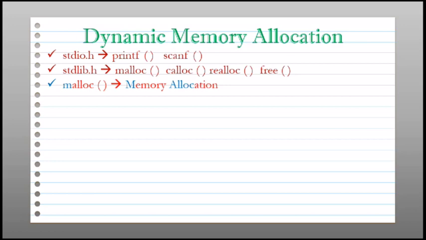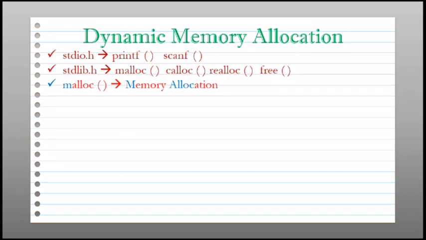Depending on the size in bytes given by the user, this function allocates a memory block in the memory. Suppose the user wants 20 bytes of memory, then by using the malloc function, a block of 20 bytes will be allocated in the memory, and it also returns the address of the first byte of that block through the pointer variable.